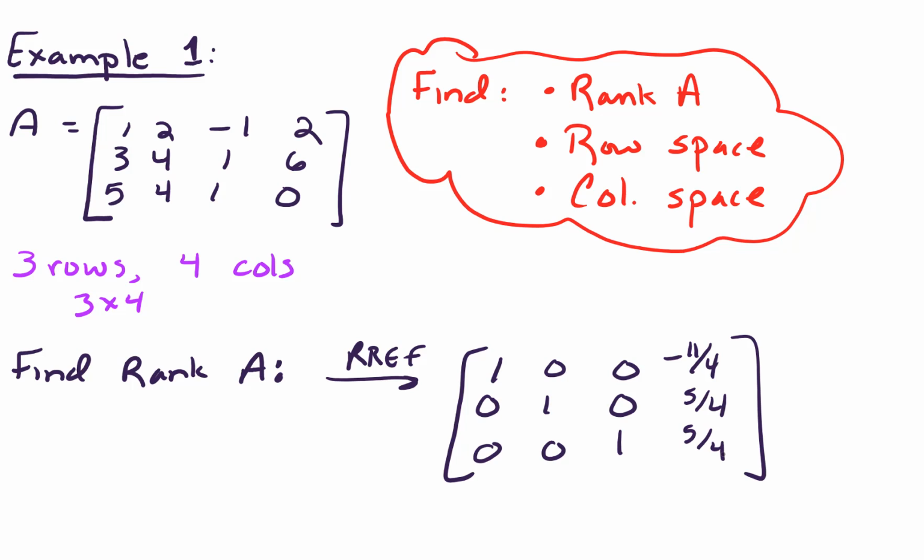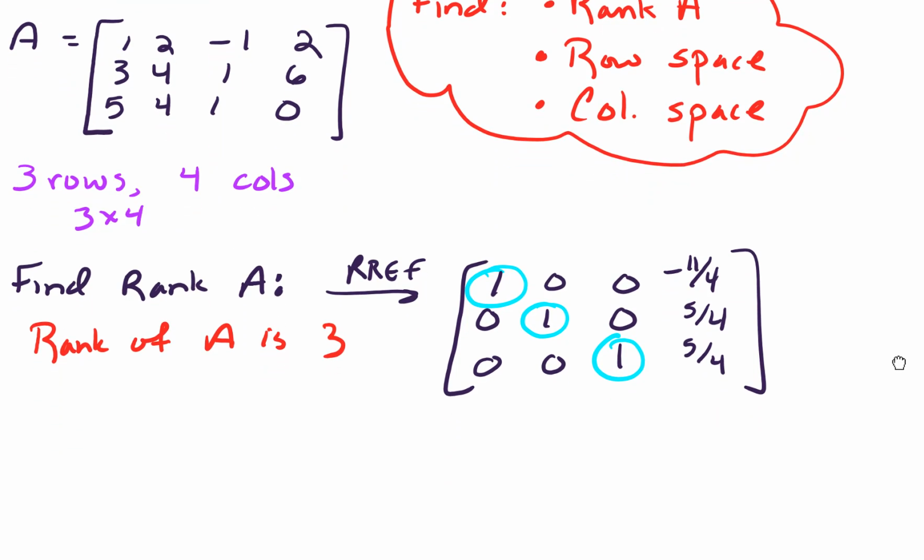And the number of leading ones is 3. And so this tells us that the rank of A is 3 because we have 3 leading ones.